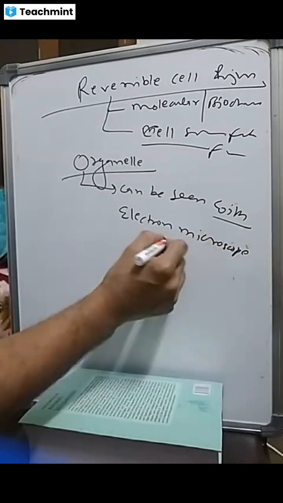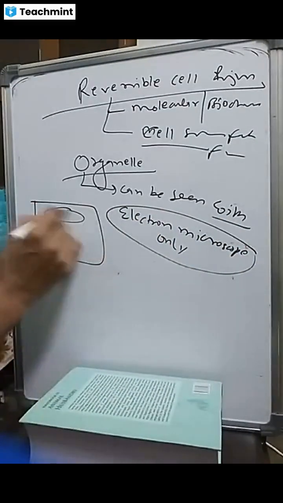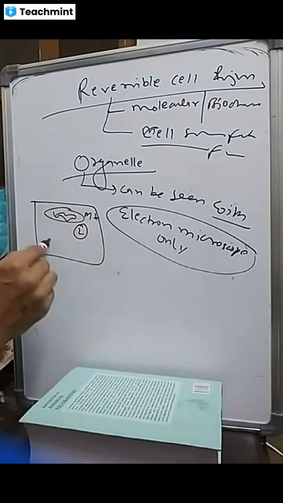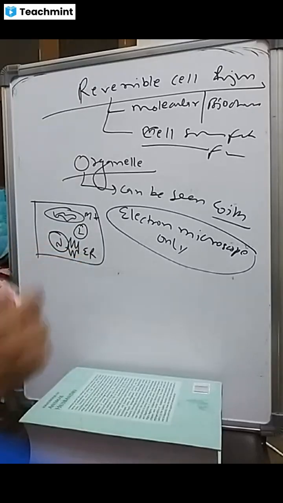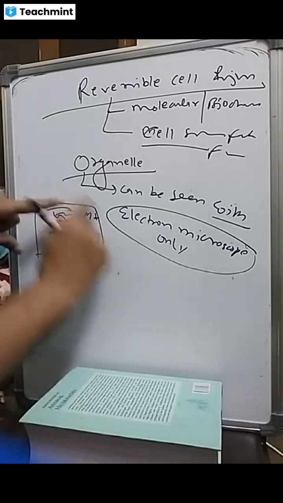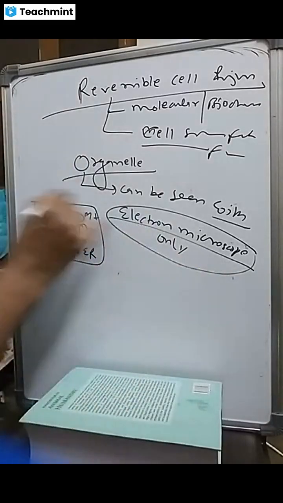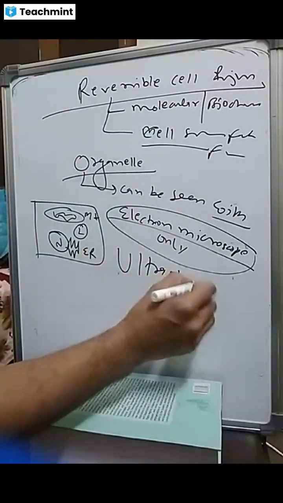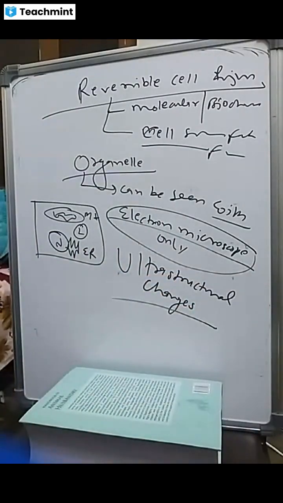In the cell, this is mitochondria, this is lysosome, this is the nucleus, and this is the ER. Changes seen at electron microscope are called ultrastructural changes.